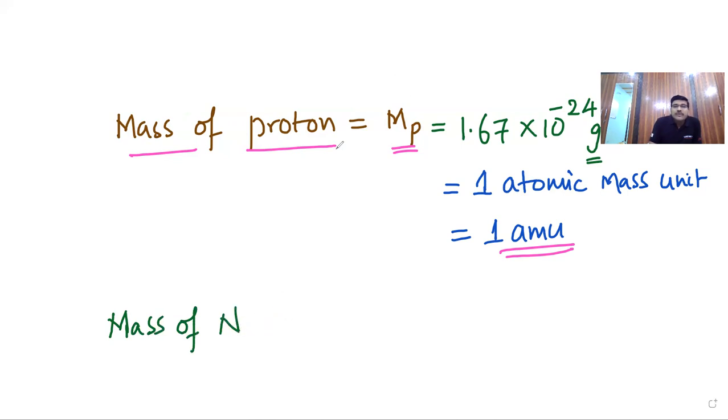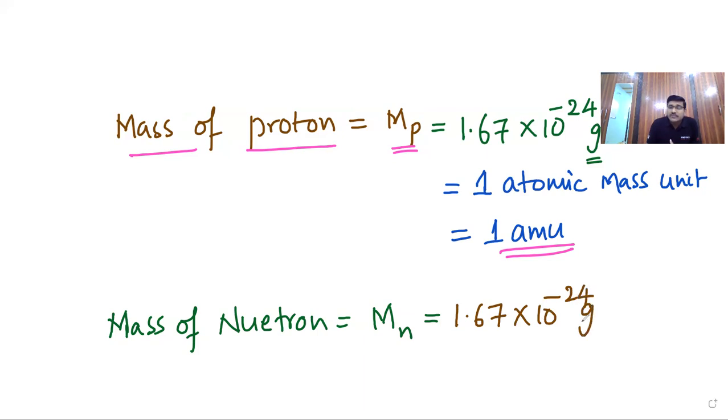Mass of neutron is denoted as capital M, small n. It is almost the same quantity we are taking. This is also 1.67 into 10 to the power of minus 24 grams only. G stands for grams.